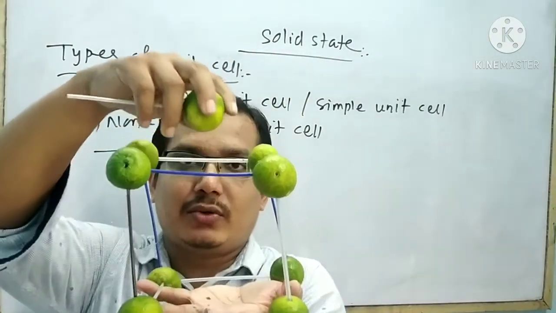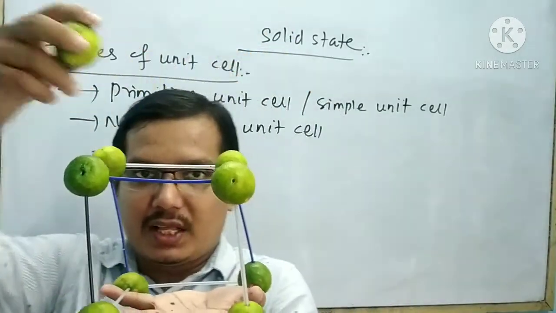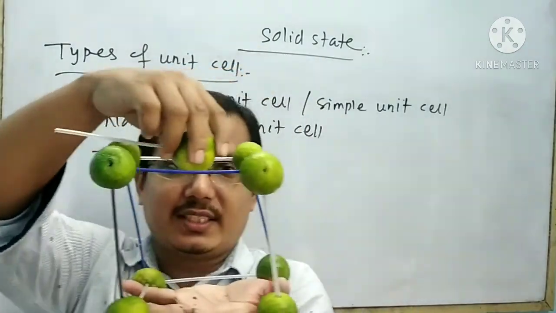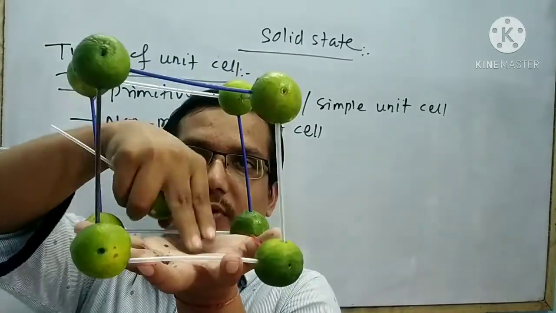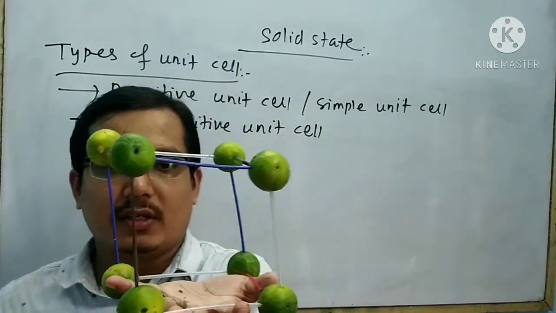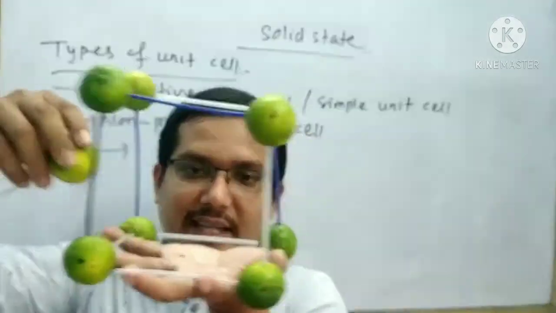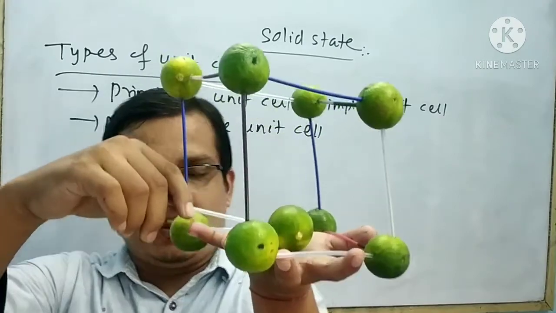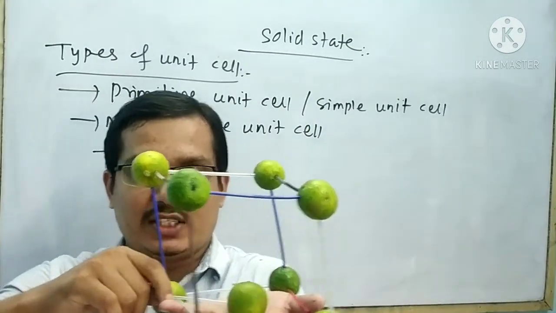That means 2 constituent particles are present on opposite faces of the cube. Suppose this is the center of one face, and the opposite face is here. Now one constituent particle is present here and the second constituent particle is present here. Then this type of unit cell is said to be an end-centered unit cell.